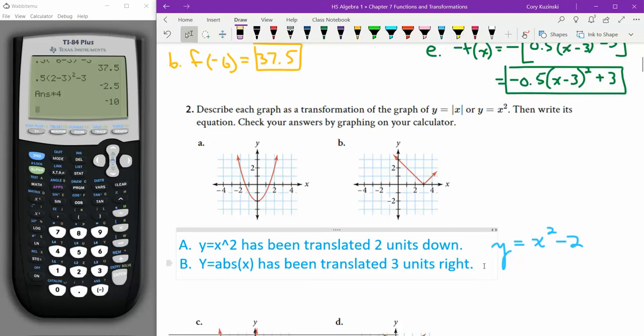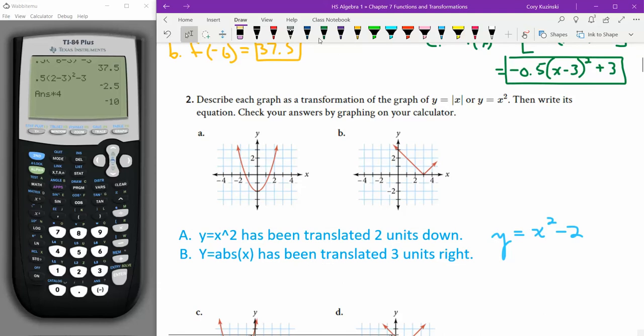All right, so what does that equation look like? That would be, get my pen, y equals the absolute value of x minus 3. So to translate 3 units right, you replace x with x minus 3.